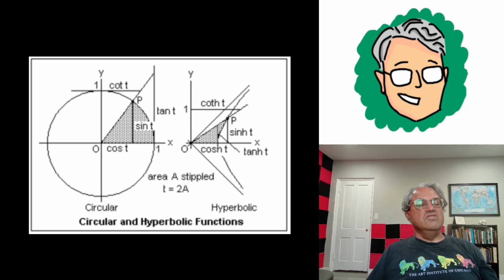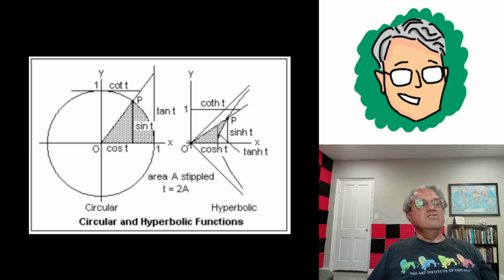And like I said, you can define the other 4 hyperbolic functions with the same formulas in terms of cosine and sine. Remember, tangent is sine over cosine, cotangent is cosine over sine. In the same way, hyperbolic tangent is sinh over cosh, and hyperbolic cotangent is cosh over sinh. And then there's 2 more. Secant for the circular function is 1 over cosine.